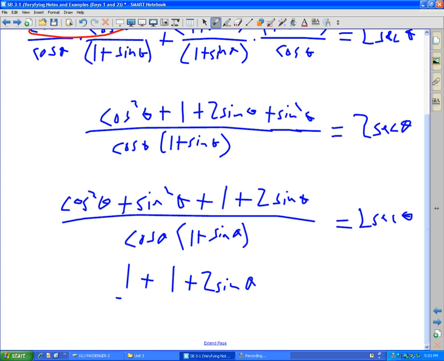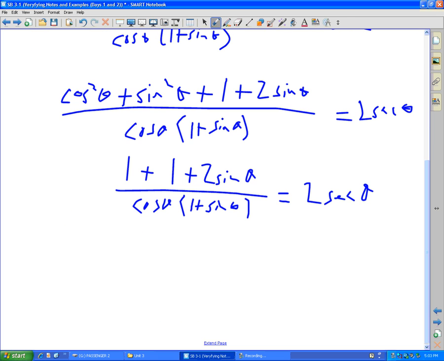Some of you guys are thinking ahead, maybe trying to turn that into a 1 ahead of time and then add it to the other 1, going straight from the step right here to the step we're about to go to.